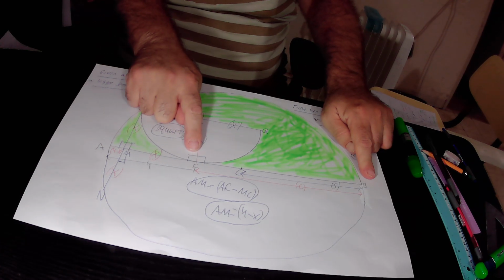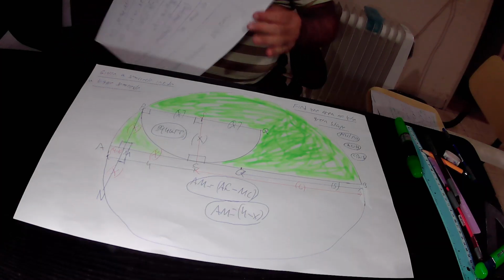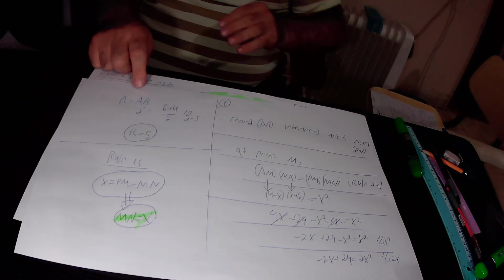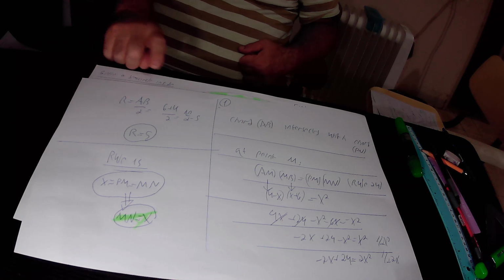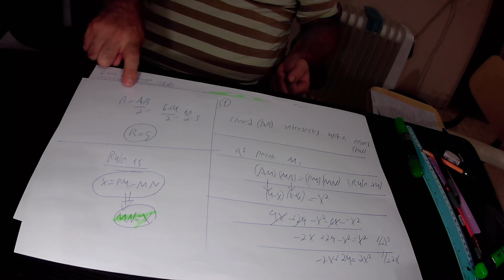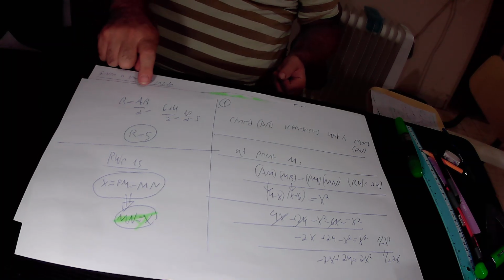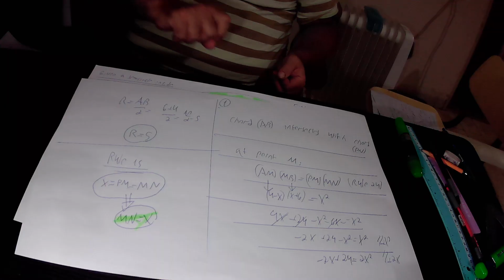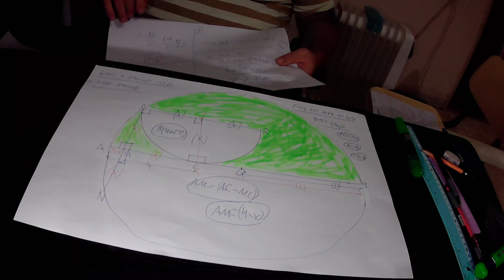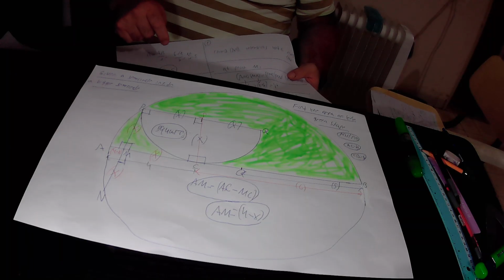So AB in total equals 4 plus 6, that is 10. And therefore the radius must be equal to half of it. That is to say, the radius R of the big semicircle must be equal to the diameter AB over 2, that is 10 over 2, that is 5. So remember that the radius of this big semicircle R equals 5 units in its length.